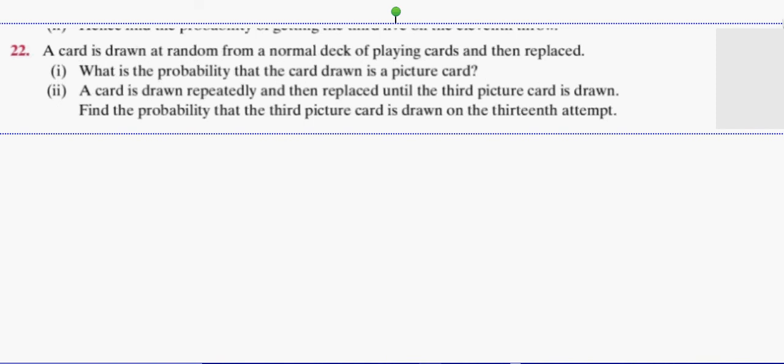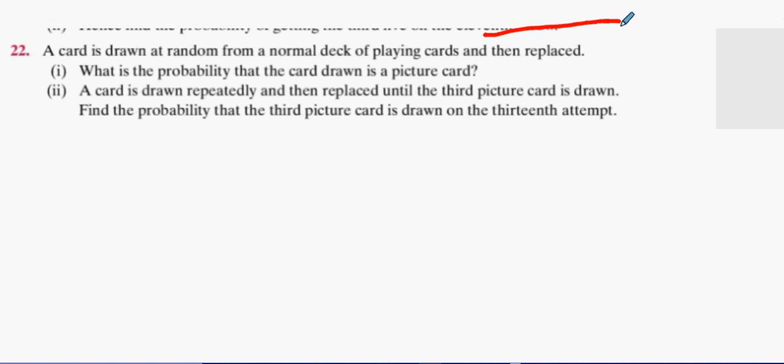A card is drawn from a normal deck of playing cards and then replaced. If it's replaced, what does that automatically mean? It's an independent event, that the outcome of one pick of the card doesn't affect the next one. Alright, a card is drawn repeatedly and then replaced until the third picture card is drawn. Oh, sorry.